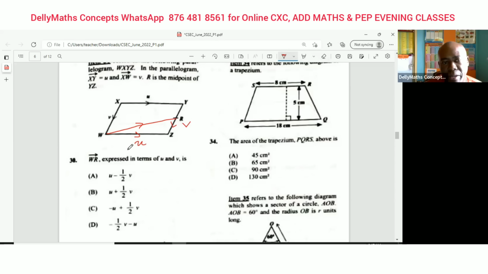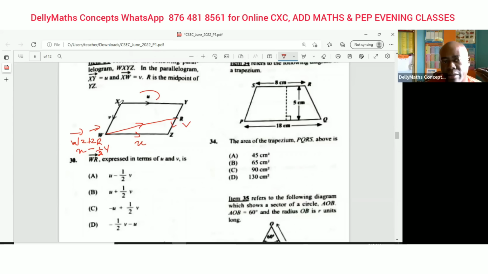So what I'm doing here is I'm going to go from W to Z, and then I move from Z. I'm going to follow that flow. From W to Z is the same thing as X, which is U. And then I'm coming in the opposite direction, so I'm going to minus half V, all right?